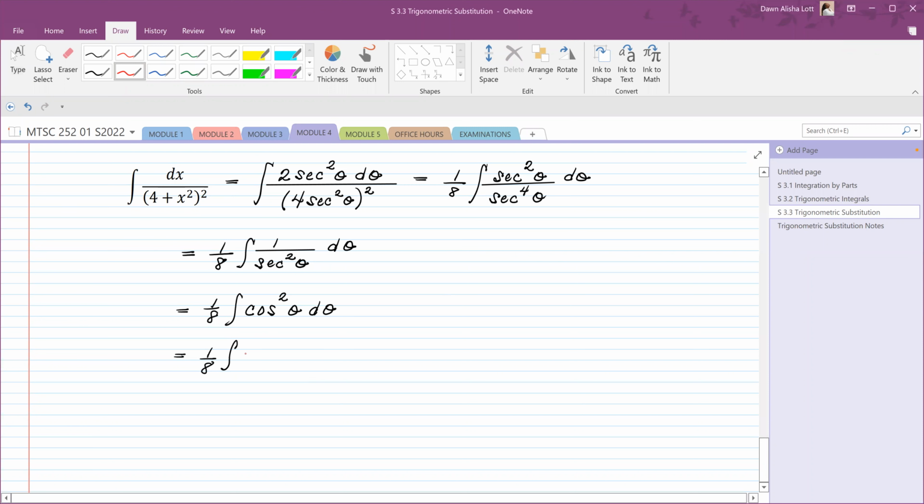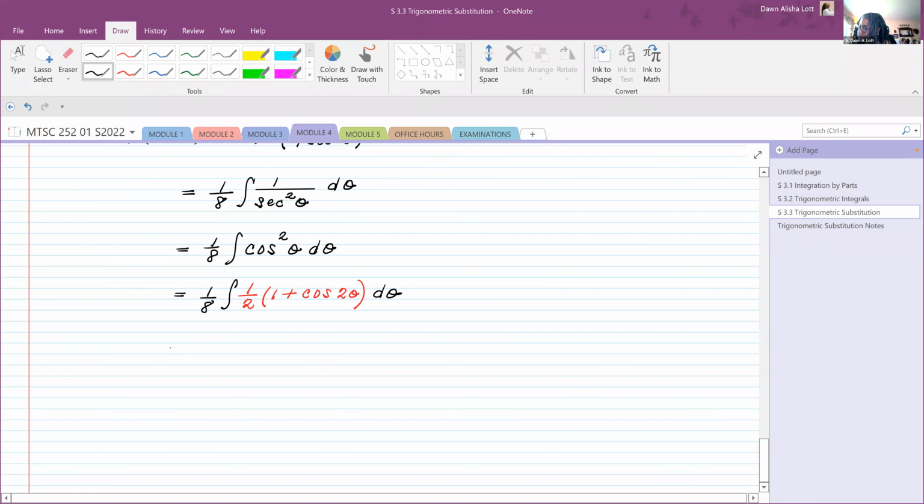We have to use 1/2 times 1 plus the cosine of 2 theta d theta. So this becomes 1 over 16.